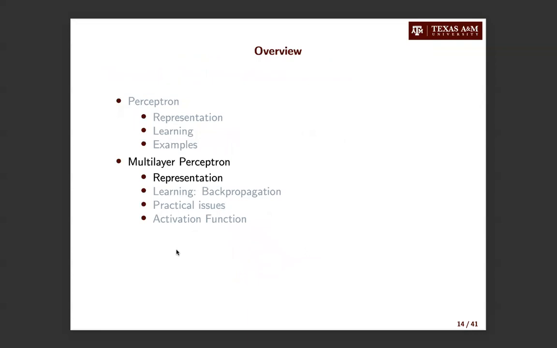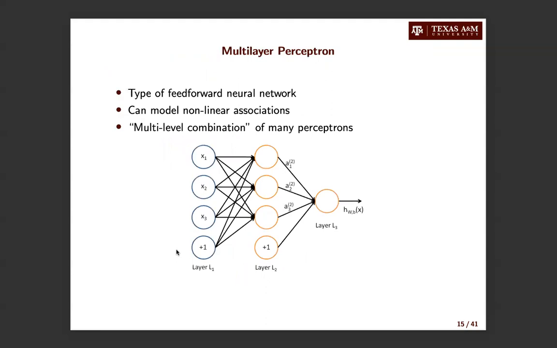So moving forward, we're going to see how we can use this basic perceptron unit in order to represent a neural network, a feed-forward neural network, or otherwise called multi-layer perceptron. So multi-layer perceptron is a type of feed-forward neural network that can model nonlinear associations between a d-dimensional input space and the output.